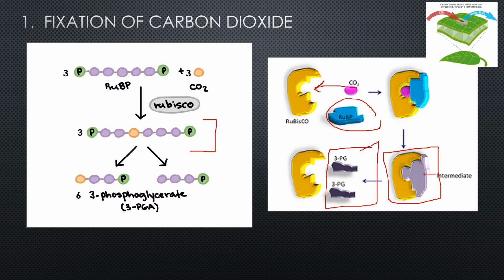So for every cycle that goes through using Rubisco, we wind up with 2 of our 3-PGA molecules. So that's the first stage of our Calvin cycle, the fixation of carbon dioxide.